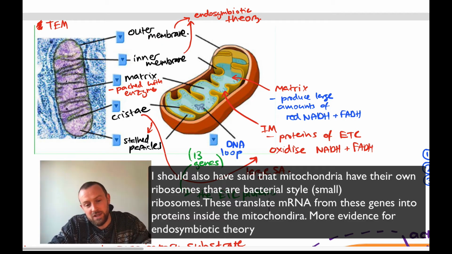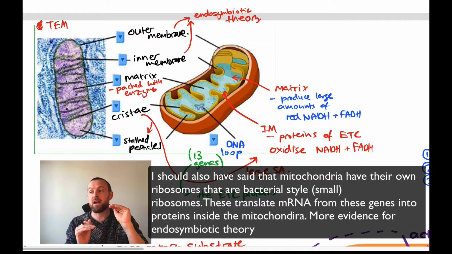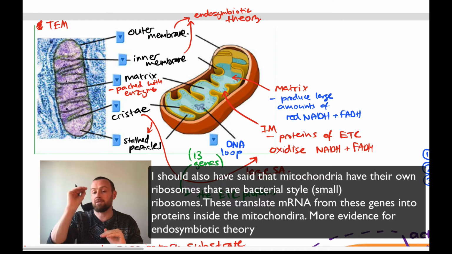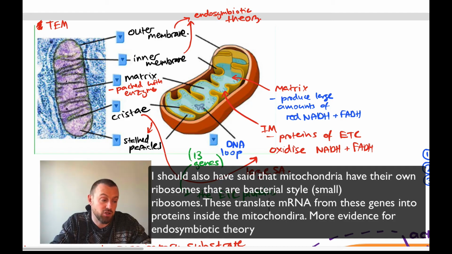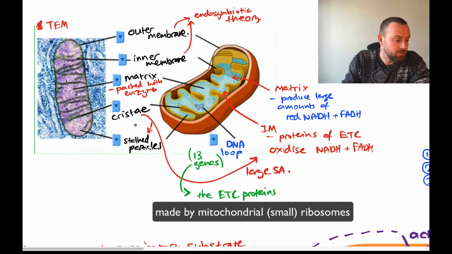Basically, the mitochondrial DNA can very quickly regulate the levels of all those different proteins to keep them in balance, because if any one protein becomes too high in level relative to the others, then it can generate something called reactive oxygen species, which causes damage to the mitochondria. So just having all those genes in the mitochondria makes for quick control. And then the stalked particles, we know those are ATP synthase molecules.